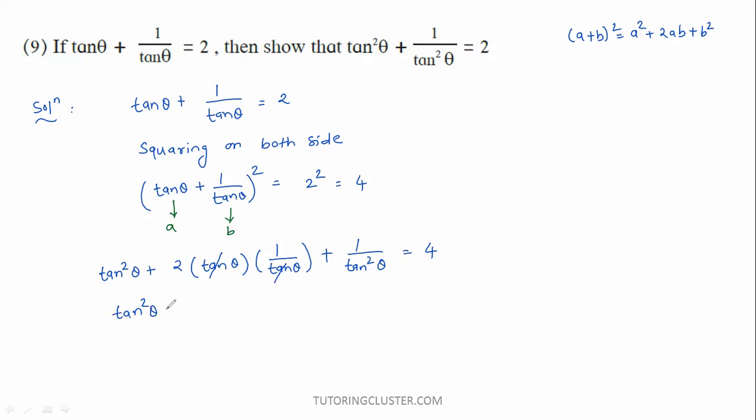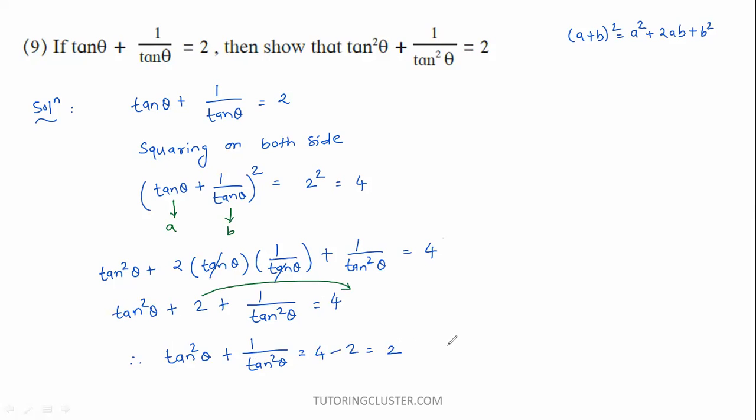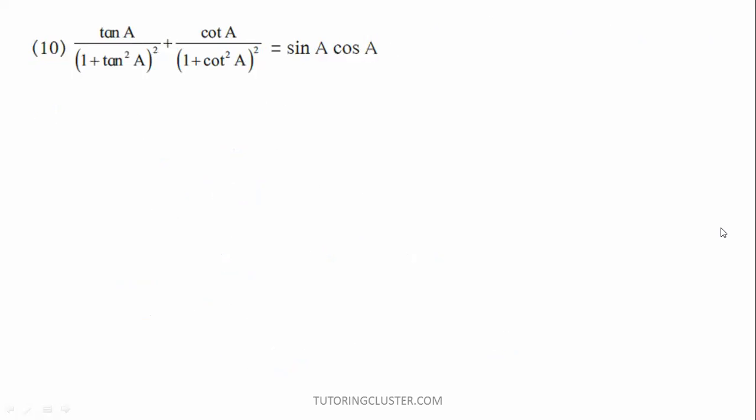So tan square theta plus 2 plus 1 upon tan square theta is nothing but 4. So tan square theta plus 1 upon tan square theta is equal to 4 minus this 2, you have to take on RHS. So 4 minus 2, which is equal to 2. So we have proved the required thing. This is what we have to do: tan square theta plus 1 upon tan square theta is equal to 2. Okay, now next. See, examples will be easy. Don't worry.